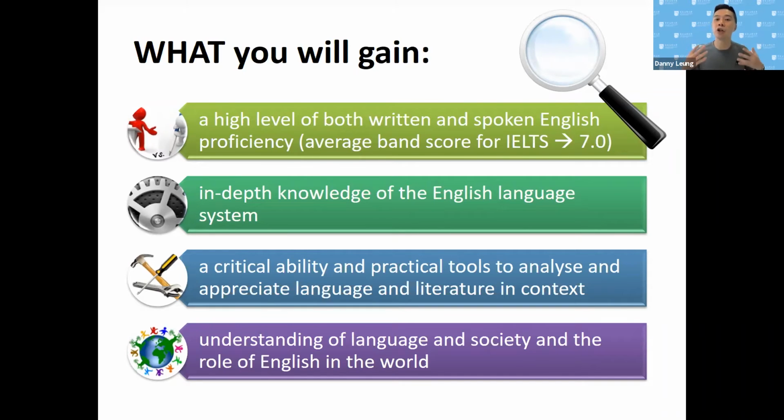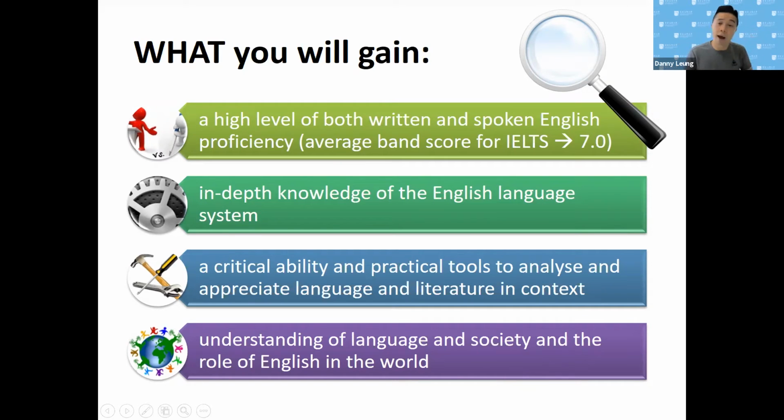It means that whenever you use language, you use it to communicate with others in a particular context. English is only meaningful when there are people using it to communicate with others speaking the same language, English, of course. And that's why we have to understand how the English language is tied with society.